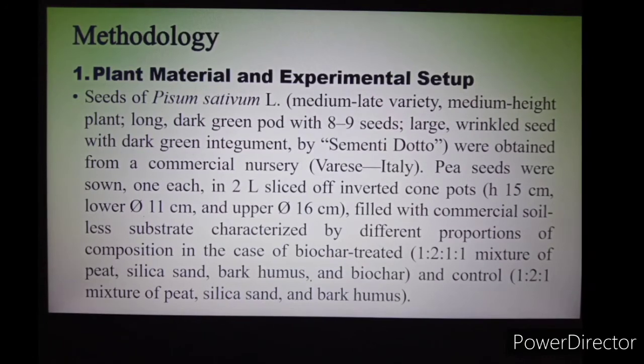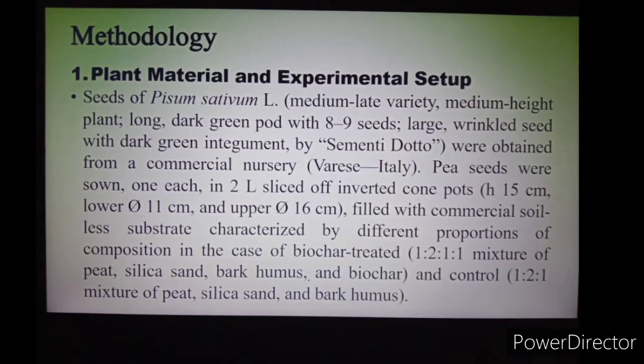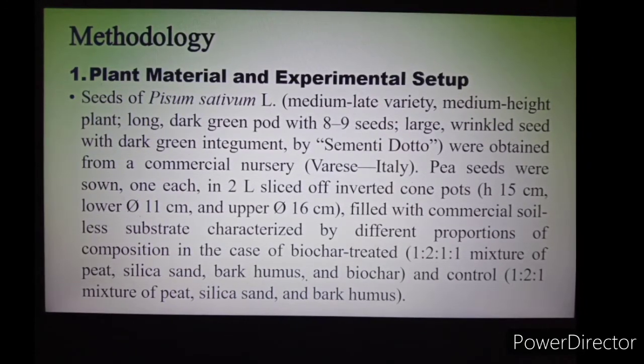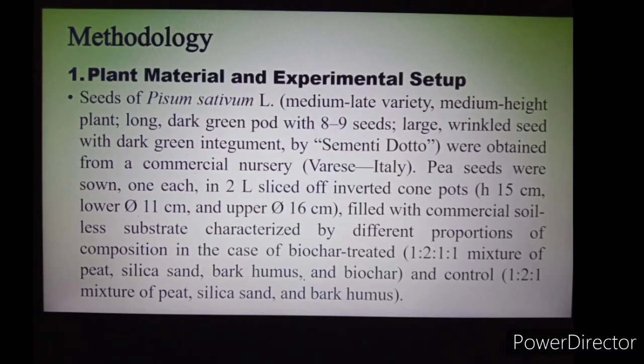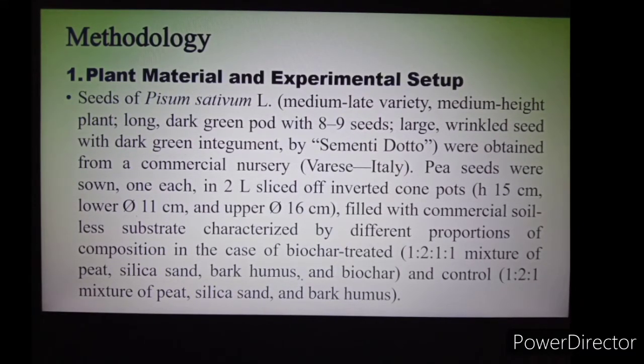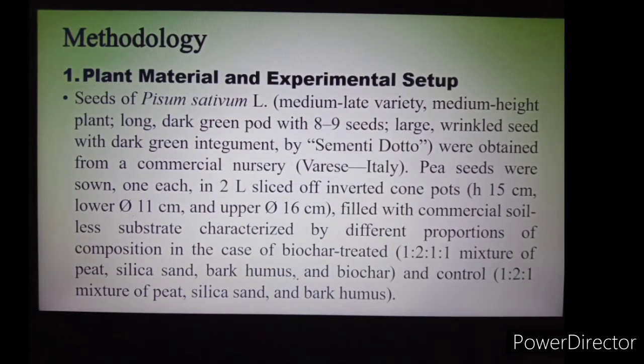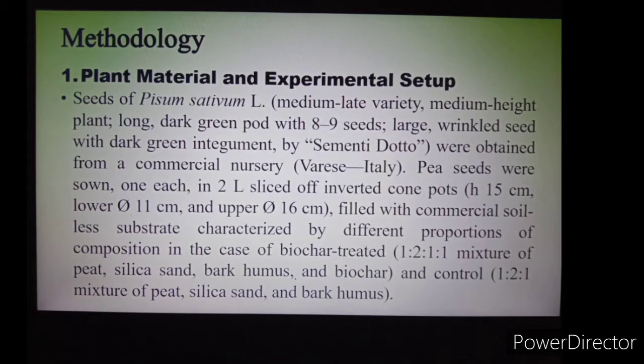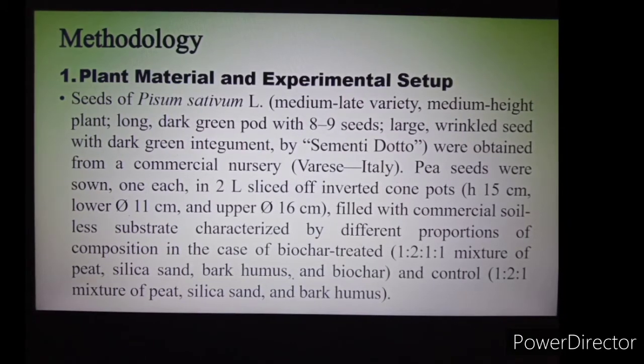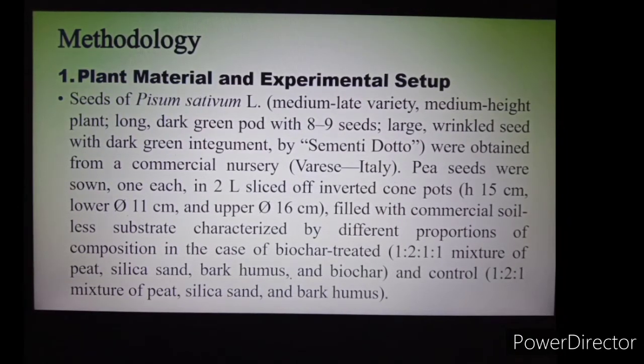Varese, Italy. Pea seeds were sown one each in 2-liter sliced off inverted cone pots. It has a height of 15 centimeter, lower diameter of 11 centimeter, and upper diameter of 16 centimeter.